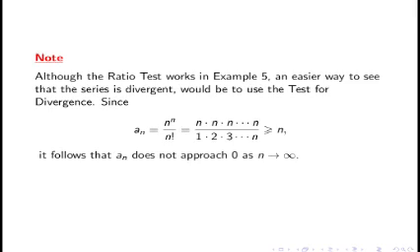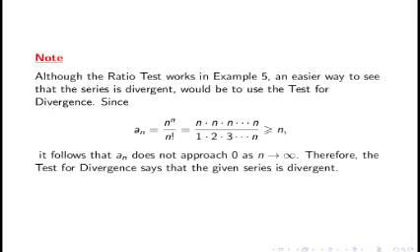N to the n is n factors of n in the numerator, and 1 times 2 times 3 up to n. Now that's obviously greater than or equal to n, right? Yes. And it follows that an does not approach 0 as n goes to infinity. Therefore, the test for divergence says that the given series is divergent.